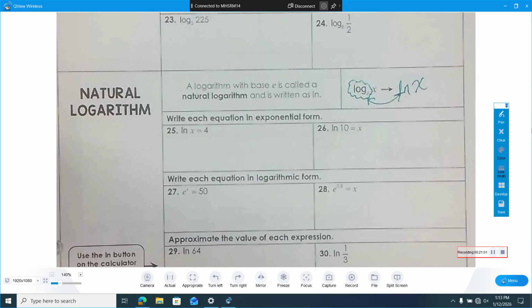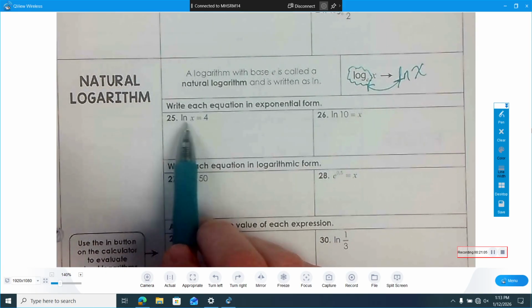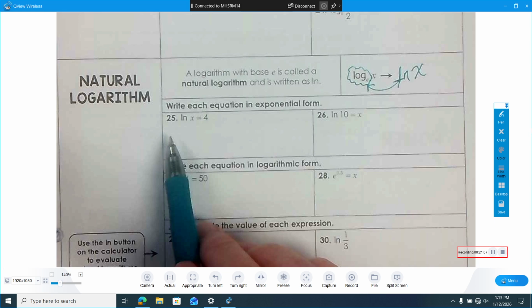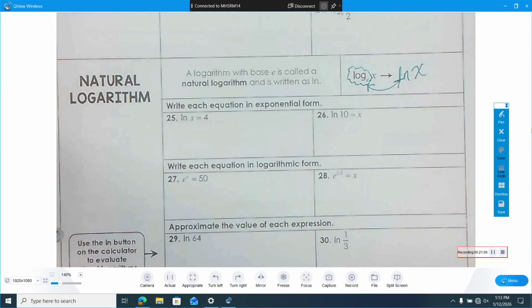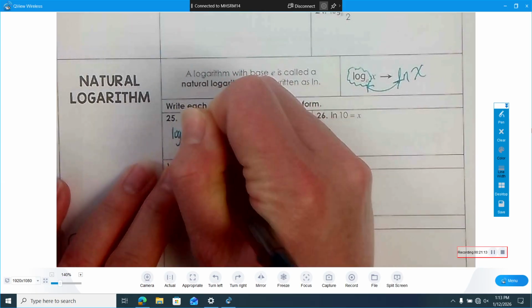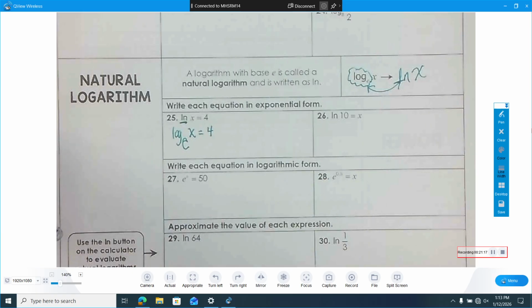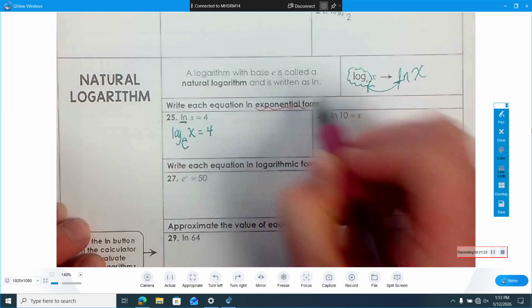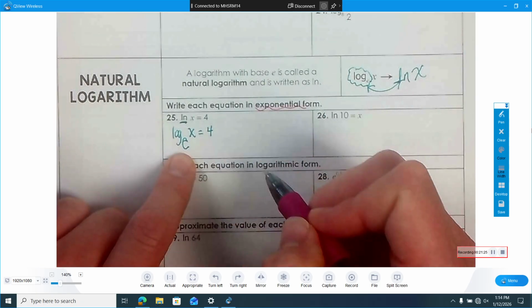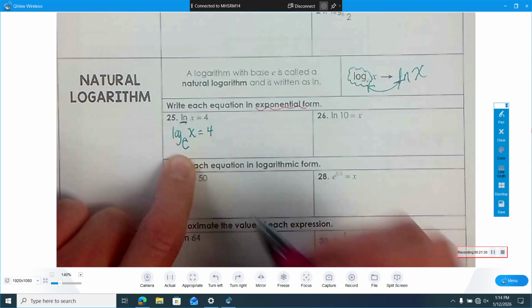So using the natural log, how do I write this in exponential form? I don't have a base. Well, it's really log base e of x equals 4. Natural log gets replaced with log base e. And so what is its exponential form? How do you drop a log? Swirly.